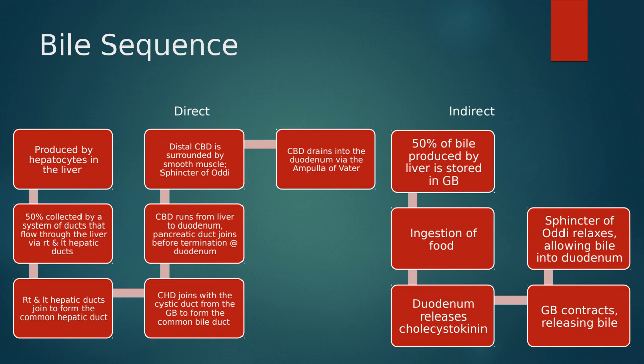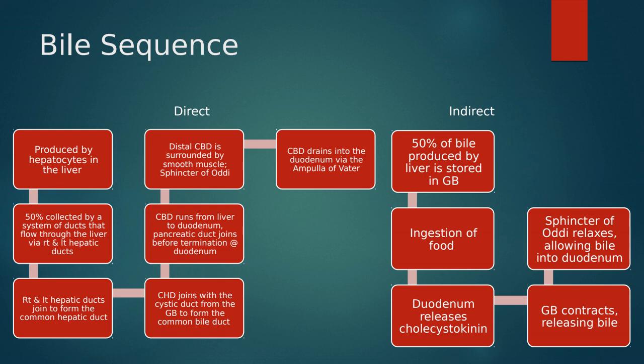Now we do have technically two different pathways that bile can take, one direct and one indirect. They are very similar. The only difference is that the indirect pathway is when we're getting bile only in response to that cholecystokinin.